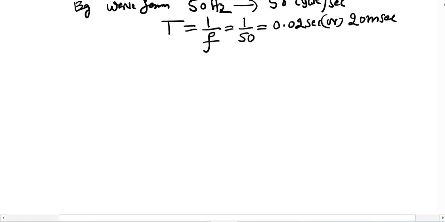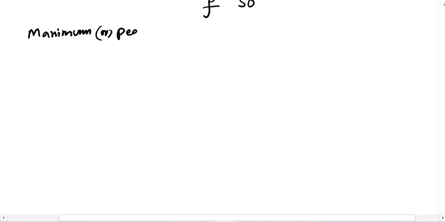Now we're going to see what is meant by maximum or peak value. That is what I want to define here.